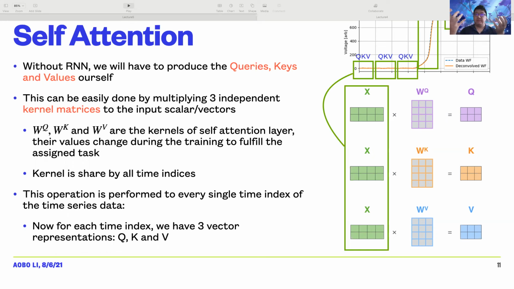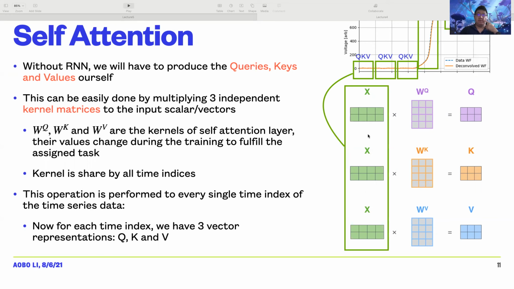Therefore, we have to produce them ourselves. This is actually easier than you thought. What you do is you just multiply 3 independent kernel matrices to your input values to produce your queries, keys, and values vectors.